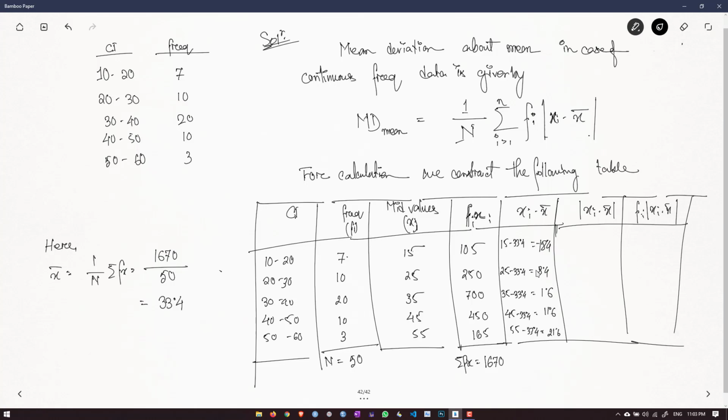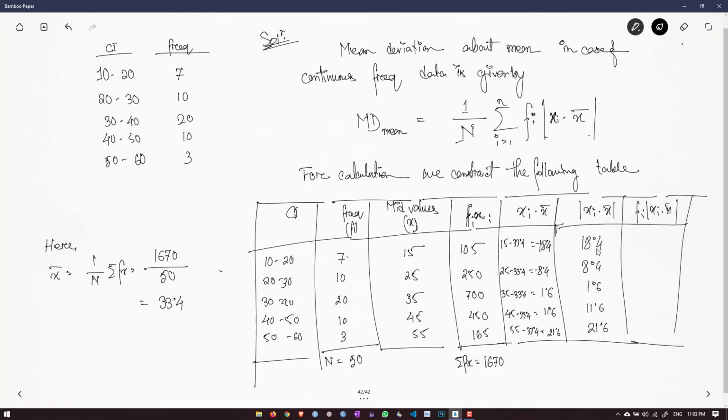Now this you will have minus here because we are subtracting greater value from a smaller value. So ultimately if you take the modulus, this will be 18.4, this will be 8.4, this will be 1.6, this will be 11.6, and this will be 21.6.